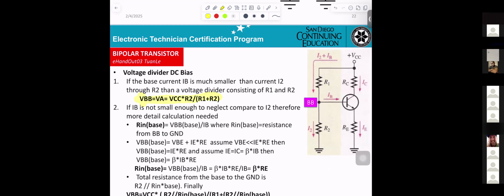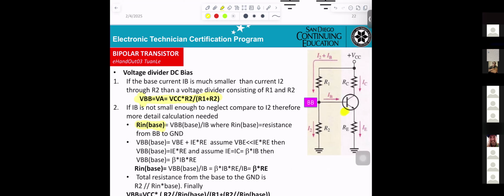If IB is not small enough to neglect compared to IC, then a more detailed calculation is needed. R in base. That means at the base, they get a resistance.